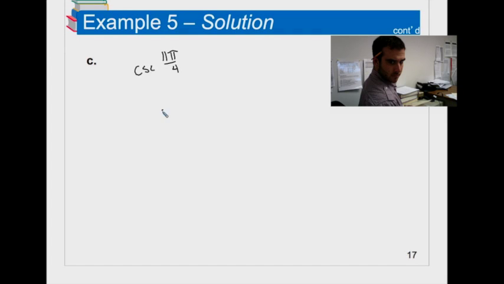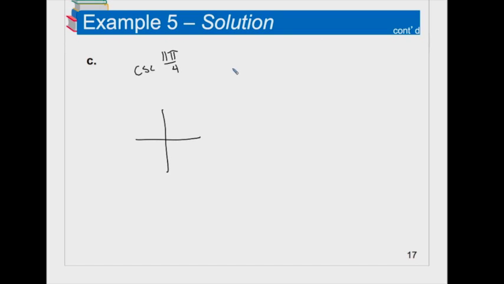And the last one, where is 11 pi over 4? This one might be a little bit trickier because it goes on a full rotation. If I were to break this up, I would break it up so it said 8 pi over 4 plus 3 pi over 4.